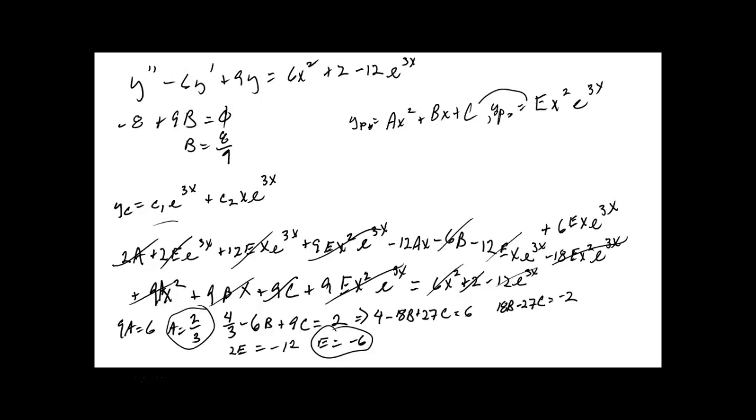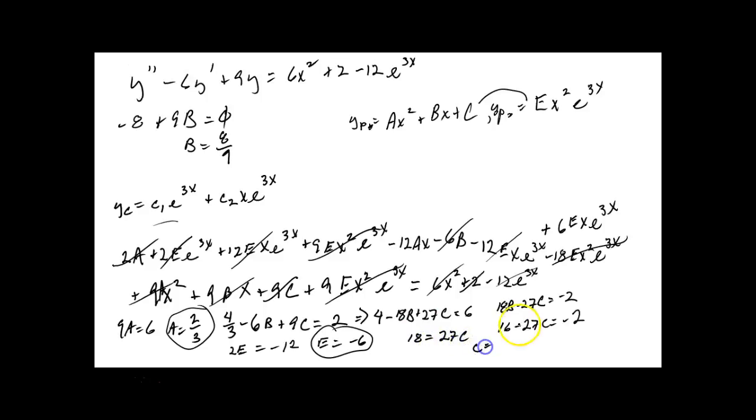Okay, and since b is equal to 8/9, 18 times 8/9 would be 16, wouldn't it? 16 minus 27c is equal to -2. So let's make that 18 is equal to 27c.